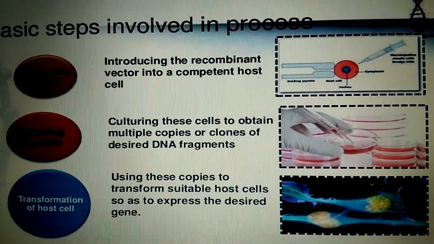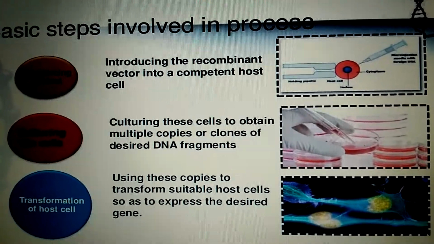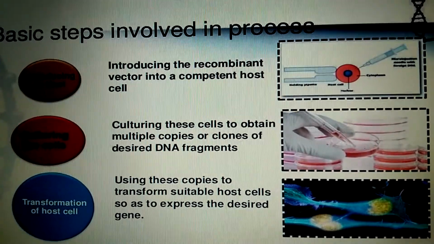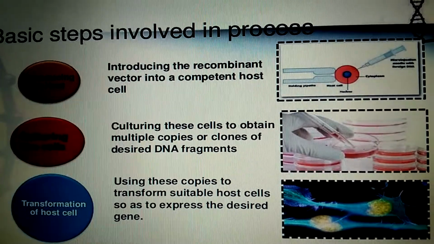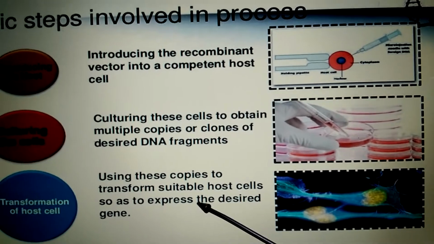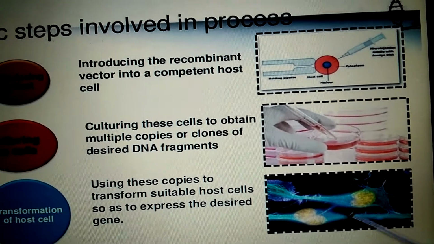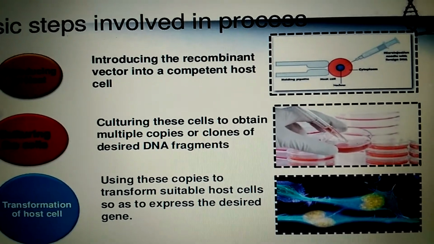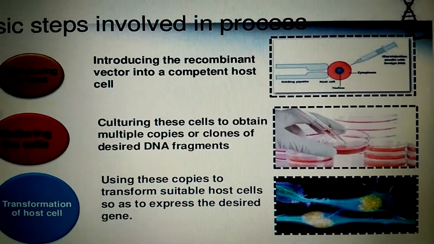The transformants are the ones which have the desired genes, and non-transformants are the ones which do not get the desired genes. So with the help of screening, we can do the transformation process, where the organisms that are having the desired genes will be sorted out or can be extracted out from the host cells.